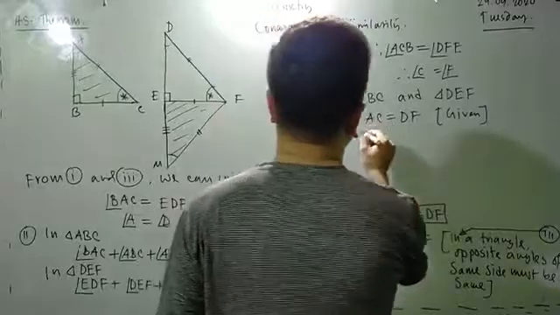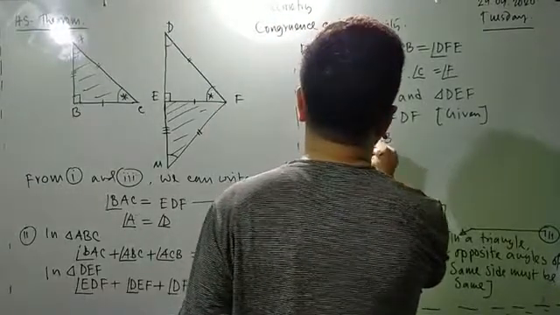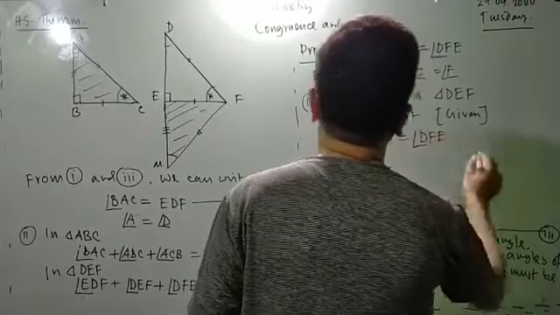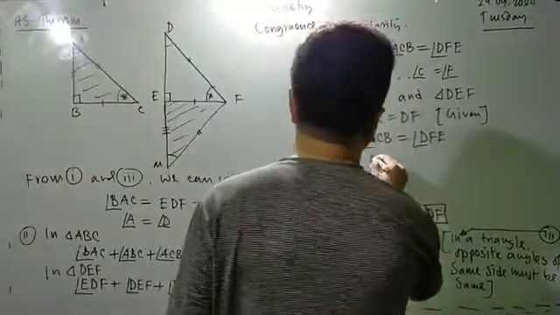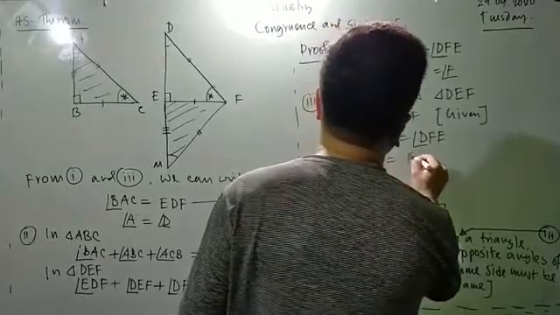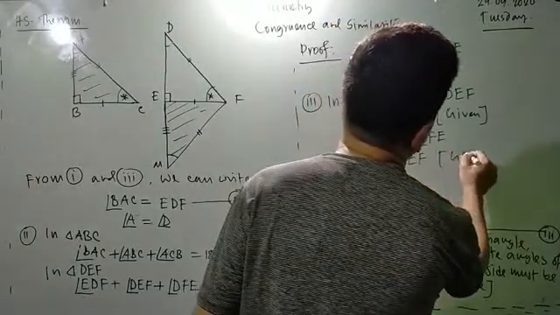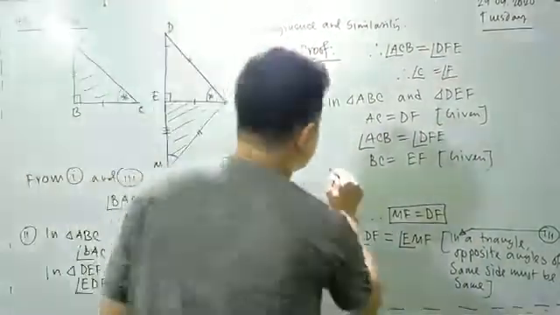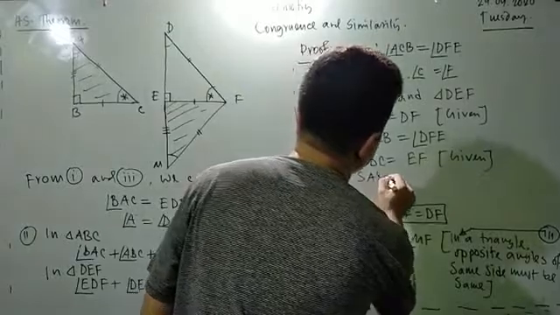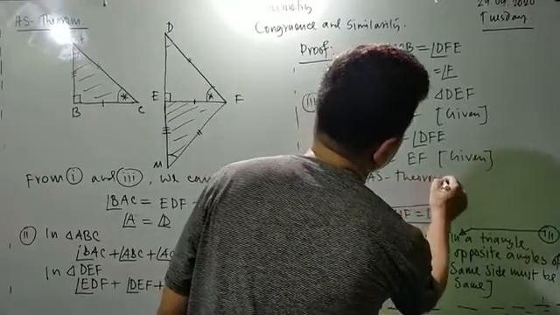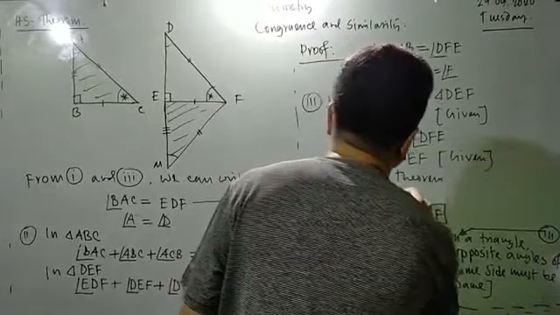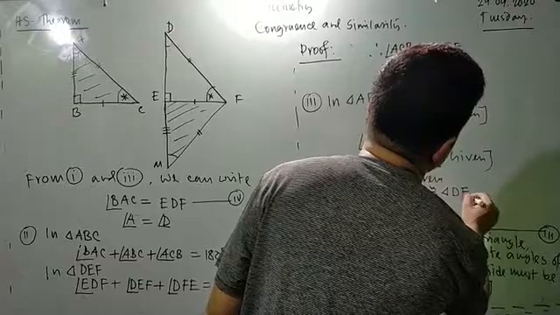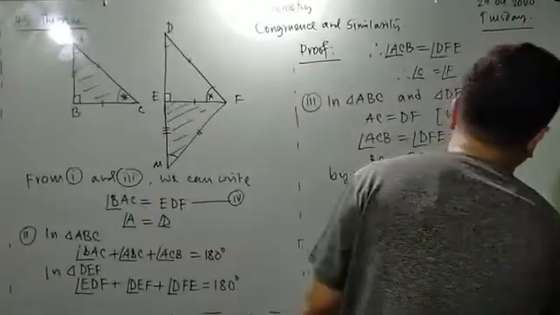So we can say angle ACB is equal to angle DFE. Okay, and BC equals EF is also given. So by the SAS theorem we can say triangle ABC is congruent with triangle DEF. That is proved here.